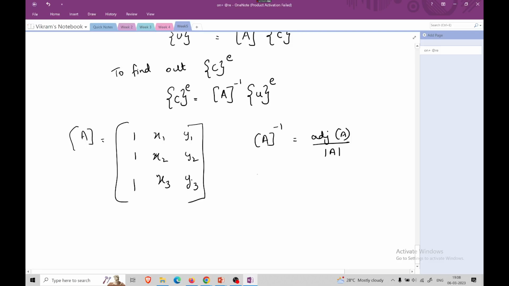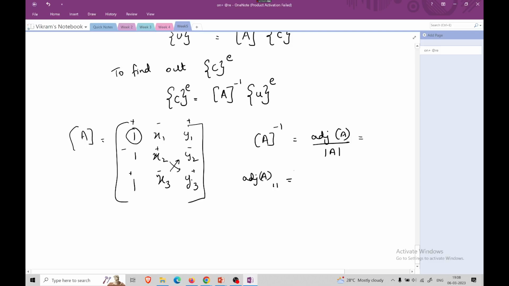So what is adjoint? For the first element I am going to multiply this way, and my signs will be plus minus plus, minus plus minus, plus minus plus.